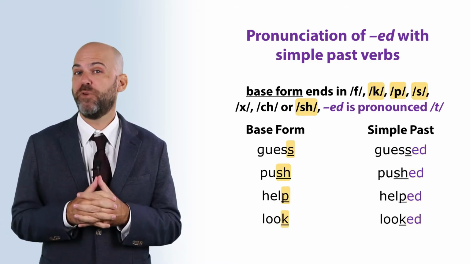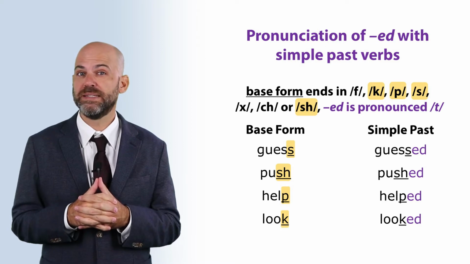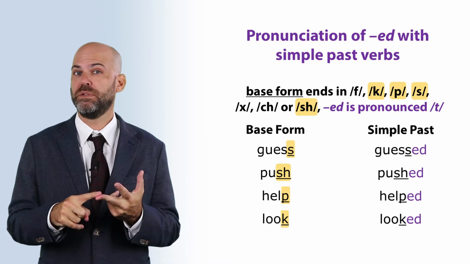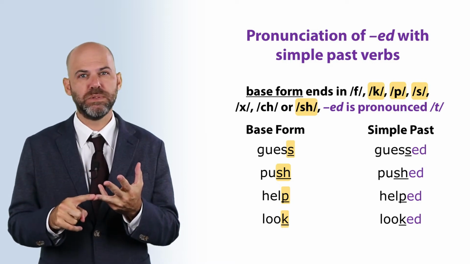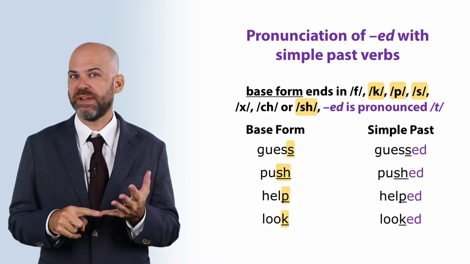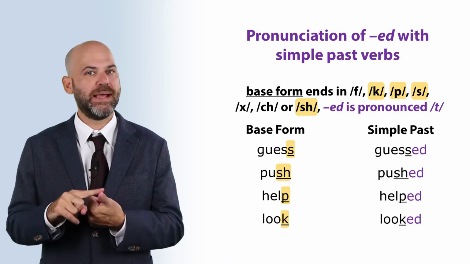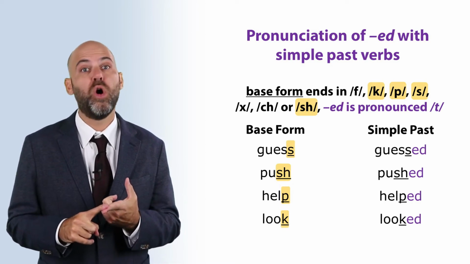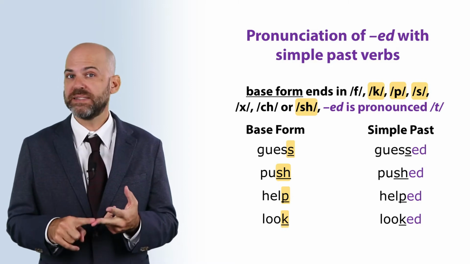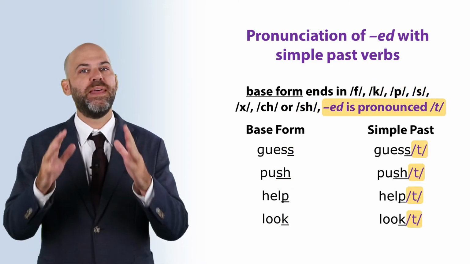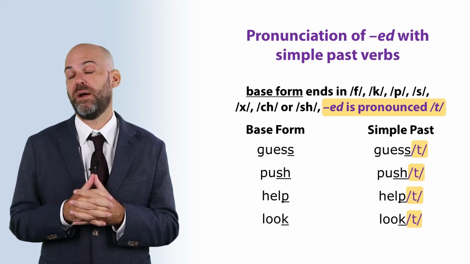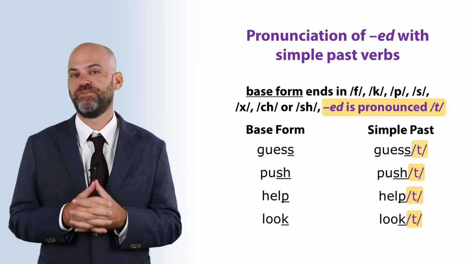If the base form of a verb ends in an F sound, a K sound, a P sound, an S sound, an X sound, a CH sound, or an SH sound, then the pronunciation of ed sounds like a T.